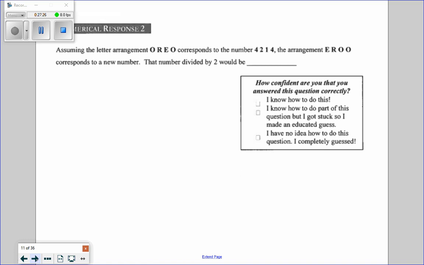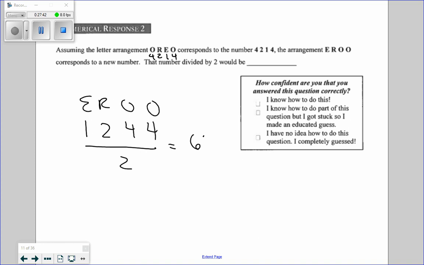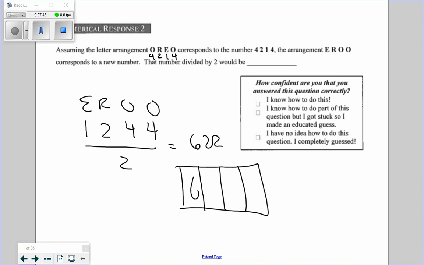So EROO would be 1, 2, 4, 4. It says that number divided by 2 would be 622. Sorry, that should have been in the puzzle section. That's not set theory. So again, start here and then work your way across.